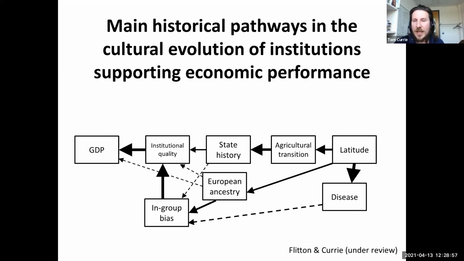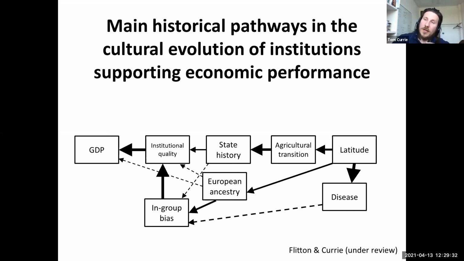If we think about latitude as a catch-all proxy for various different ecological factors, we see a main pathway: ecological factors affected where the agricultural transitions happened in the past. They seem to happen more in the mid-latitudes. That in turn, as we saw in the last study, but this is independent data from that, affects the evolution of large complex societies.